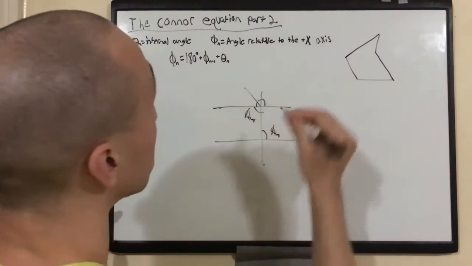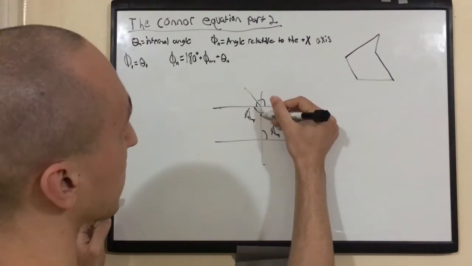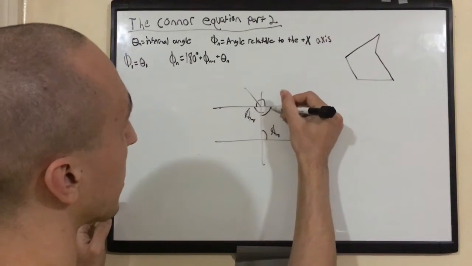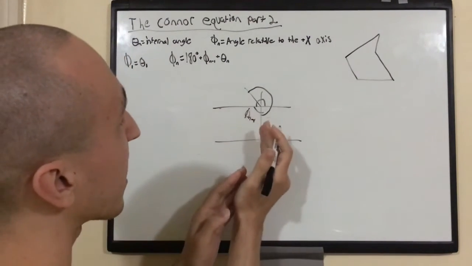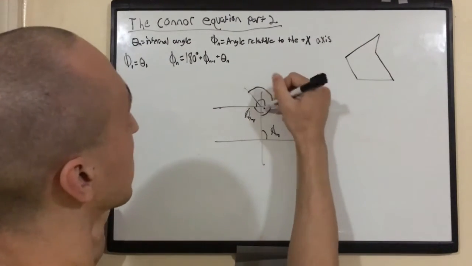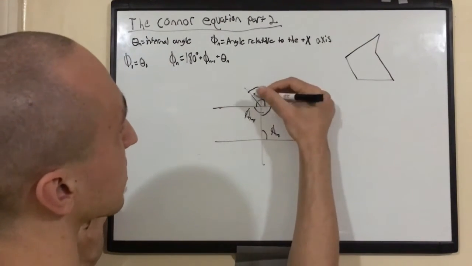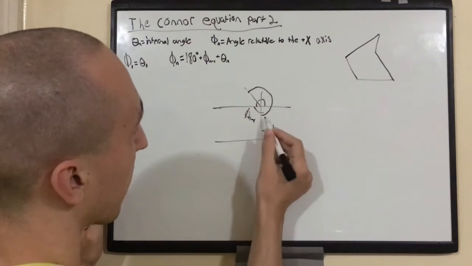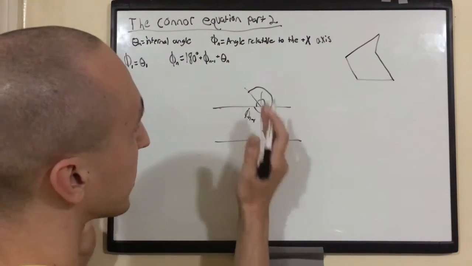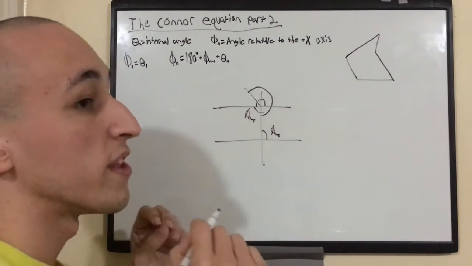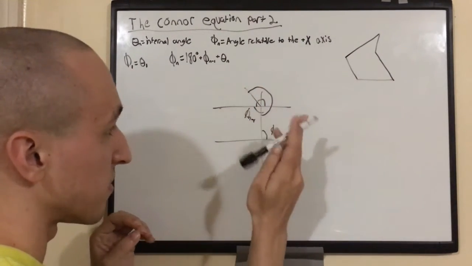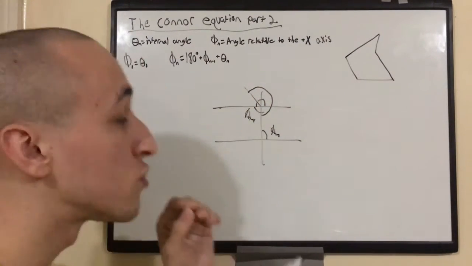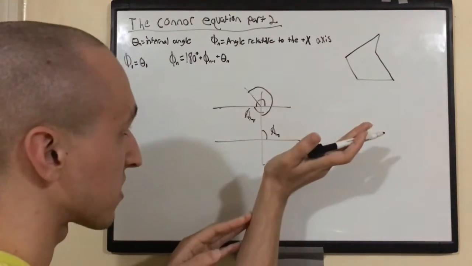Let's say it's this big angle. I'm saying right now, theta n is that whopping big. It connects the two sides. Phi n minus 1 is the angle of this side of the polygon relative to the positive x-axis.